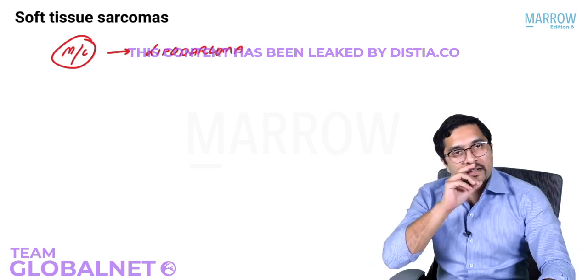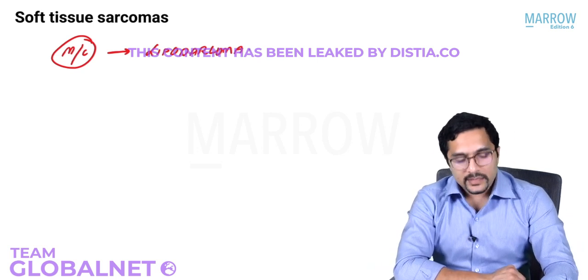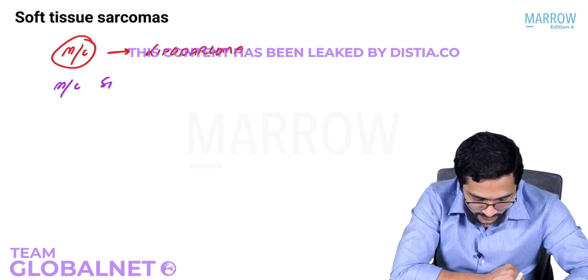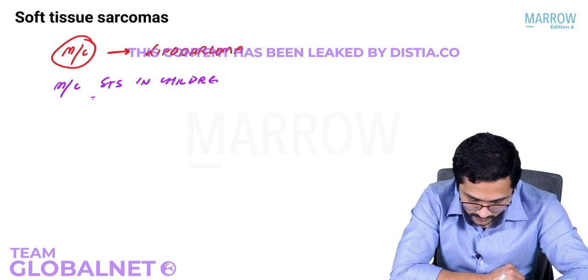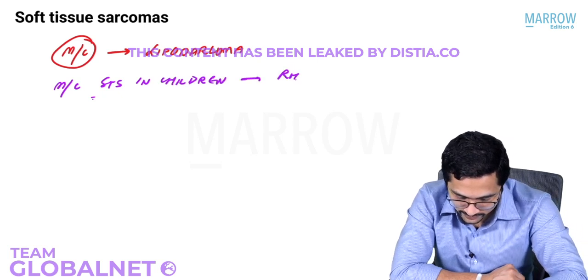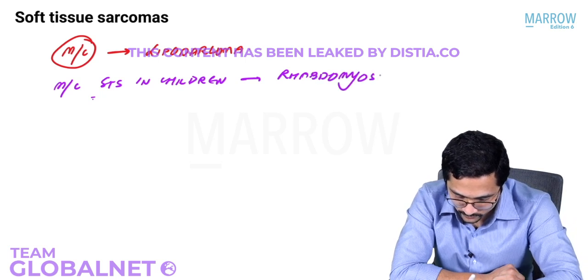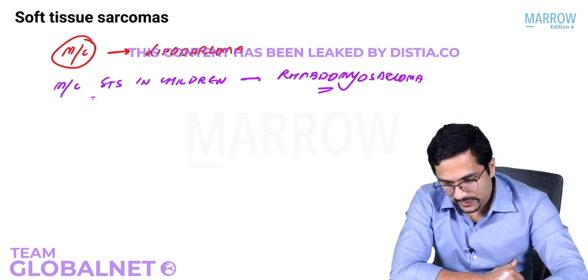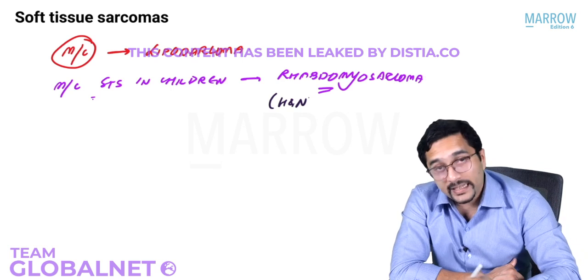Earlier it was malignant fibrous histiocytoma, now it is liposarcoma. The most common soft tissue sarcoma in children is rhabdomyosarcoma, and the most common site for these rhabdomyosarcomas is the head and neck region.